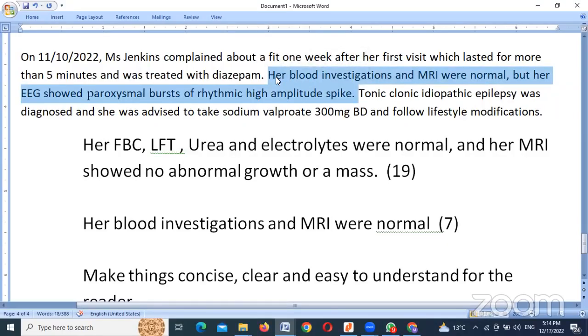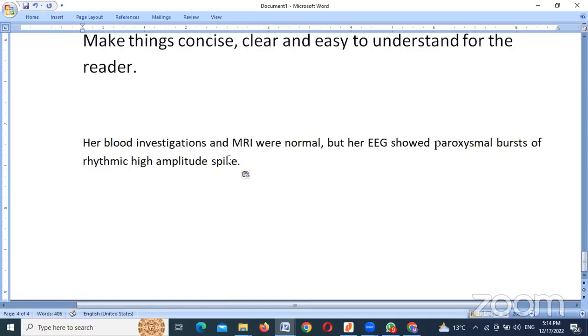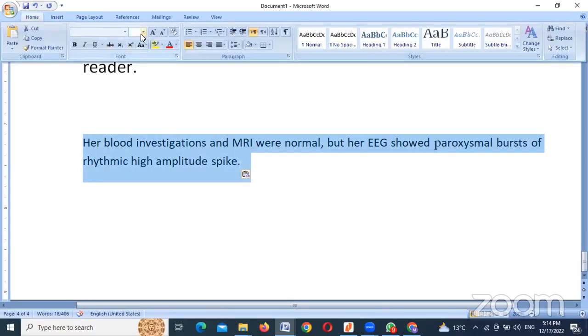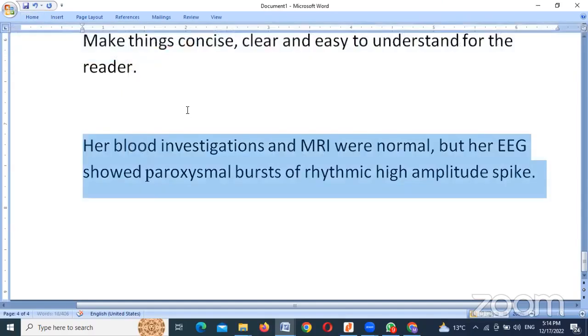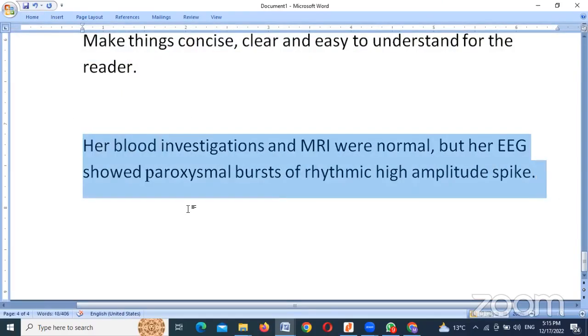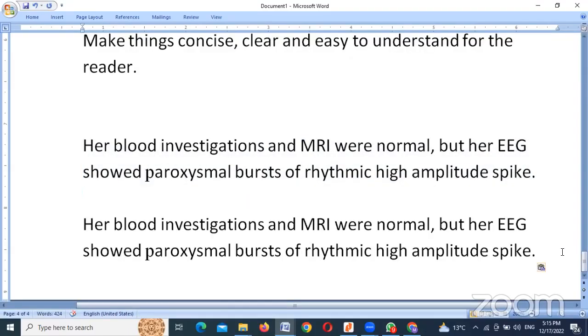Now let me show you one thing. You can see, is this one sentence or two sentences? Can you tell me? Please write something in the chat so that we can make it an interactive session. Is it one sentence or two?